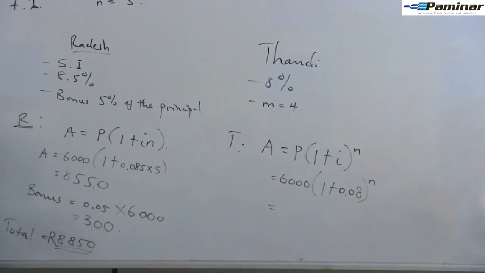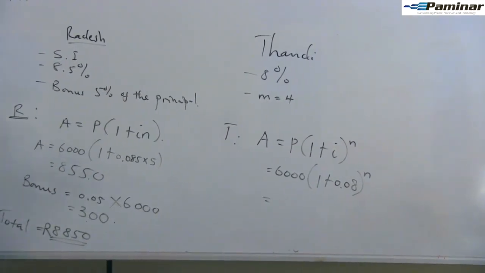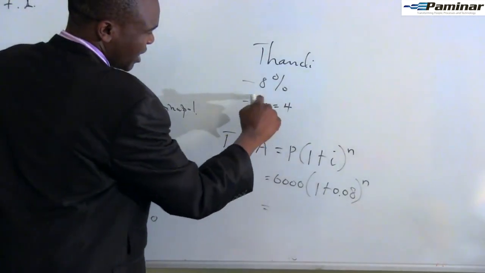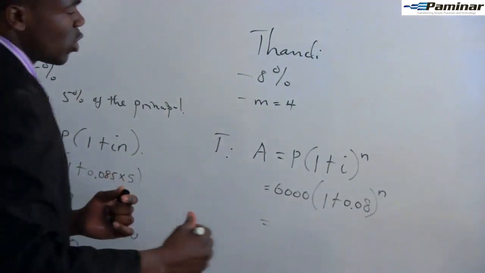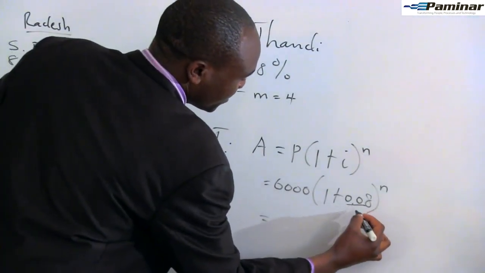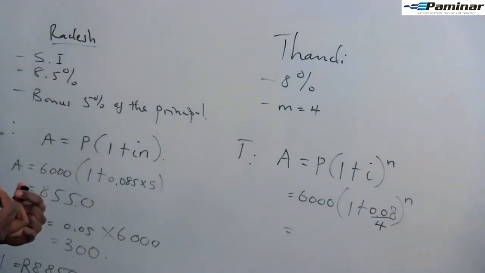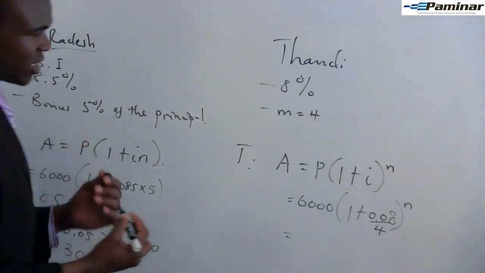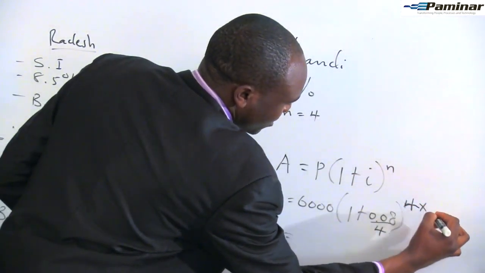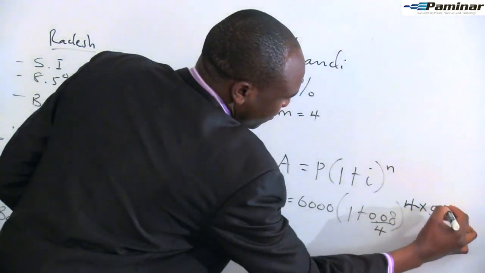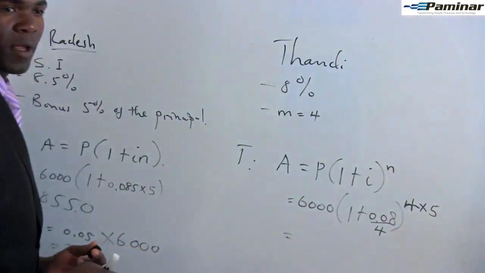Alright. But there's something there. Have you noticed? Now, our interest is being compounded how many times? 4 times. So which means our i is going to be divided by 4. And how about our N? That's it. So N is going to be 4 times 5, which is going to give you 20.